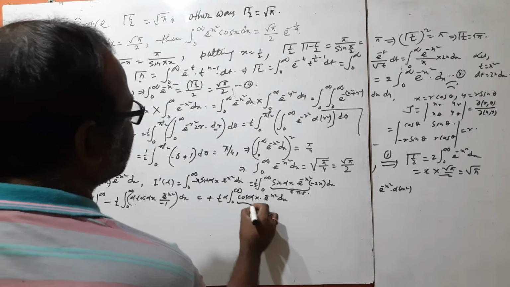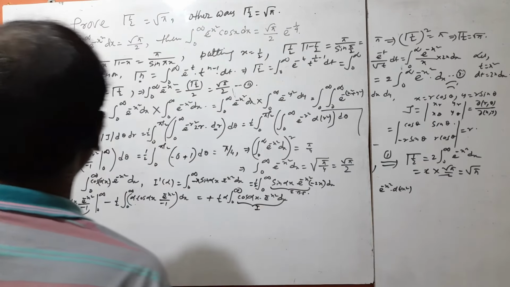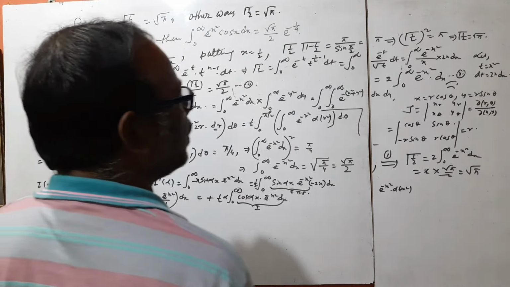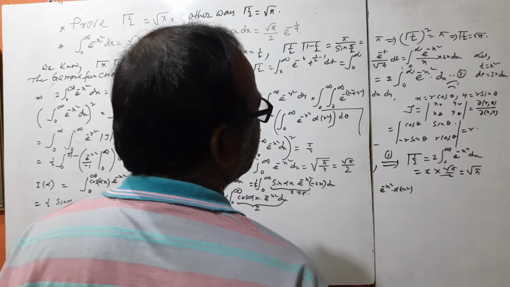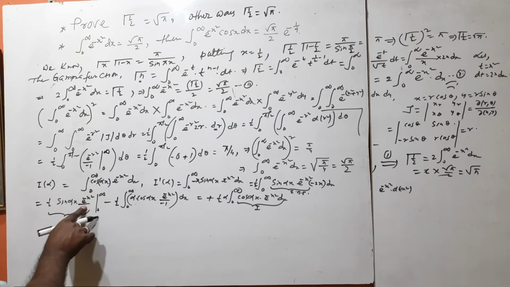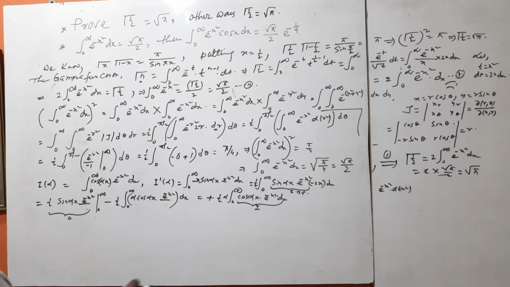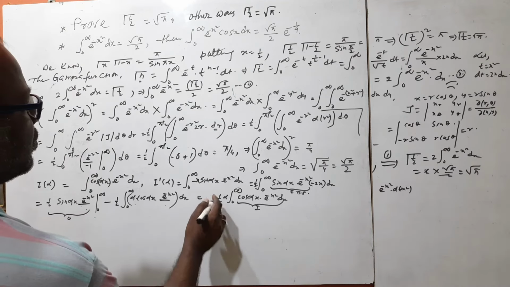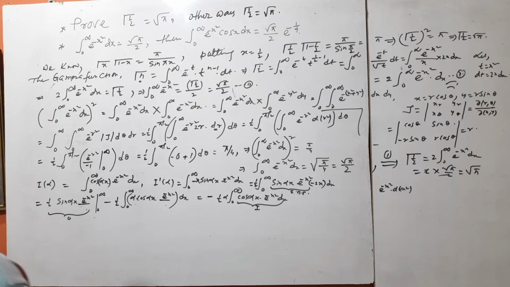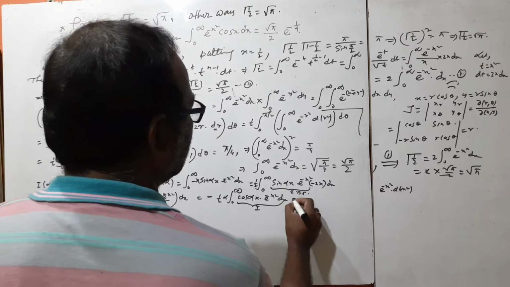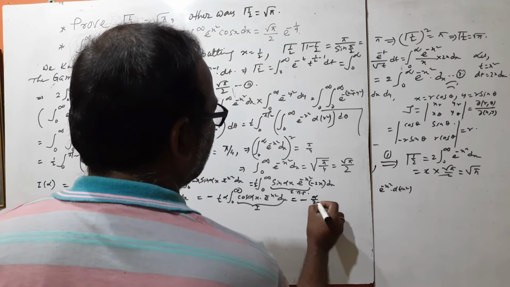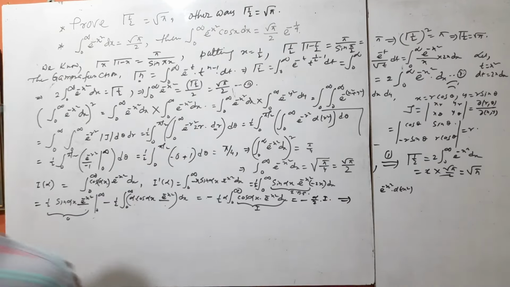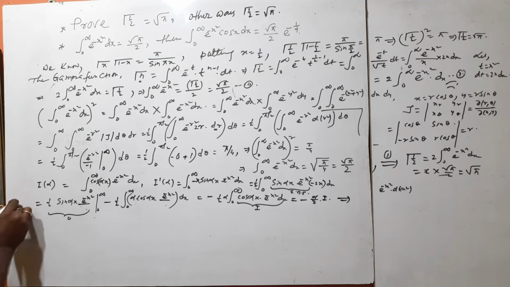And see, this is I, so this is I. Integration of this is e to the power minus x square over minus 2, not minus 1, I wrongly took it here. Okay, so this is alpha by 2 into I. So from this, this is I dash.